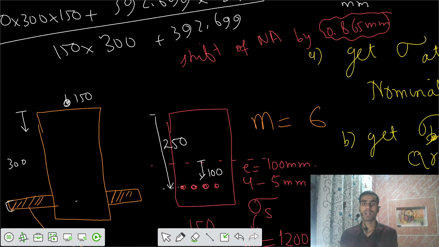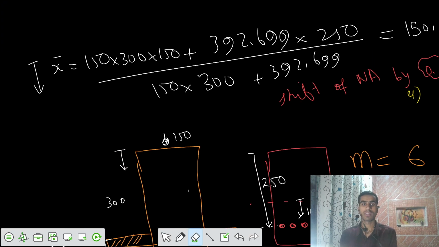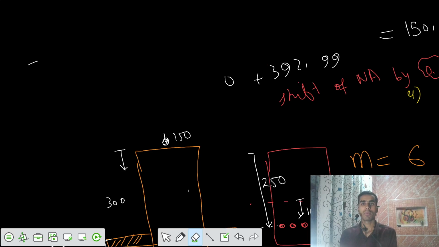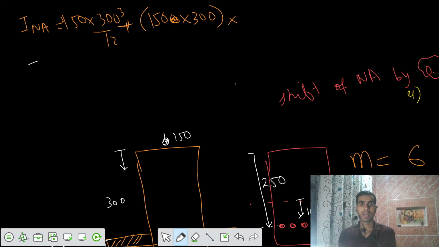Let's try to calculate the moment of inertia about the neutral axis. That equals 150 into 300 cube divided by 12, plus the second one, 150 into 300 area into the centroid difference.